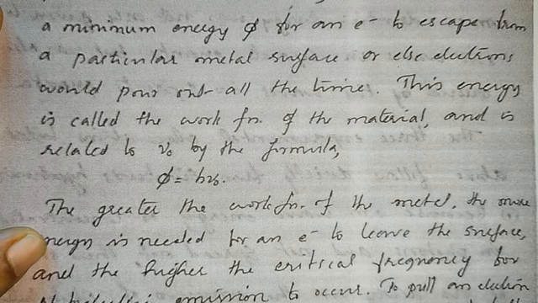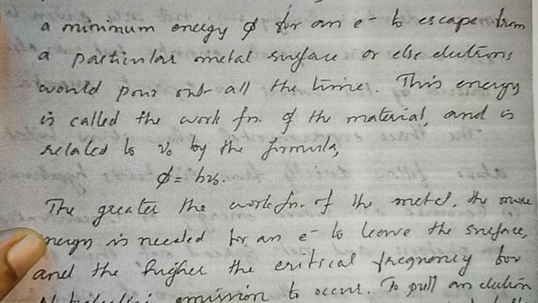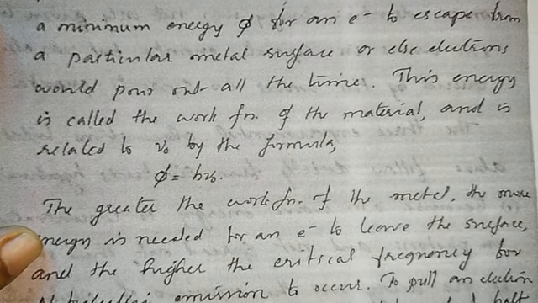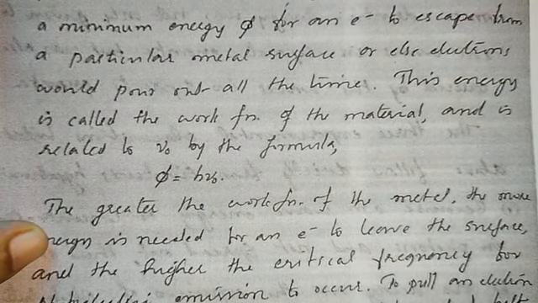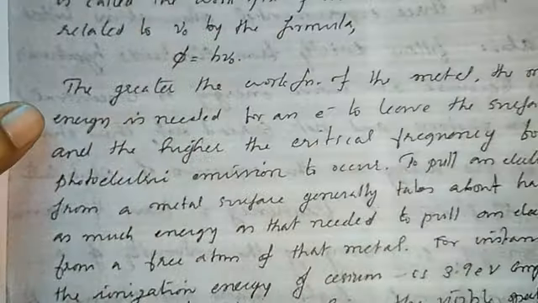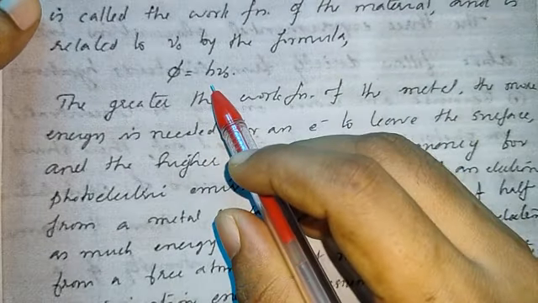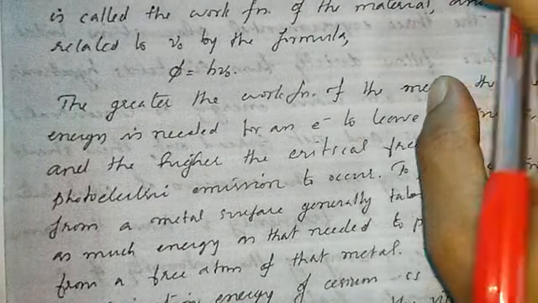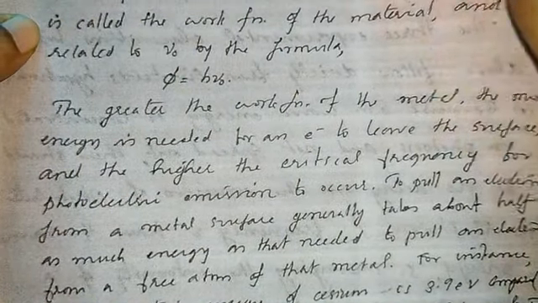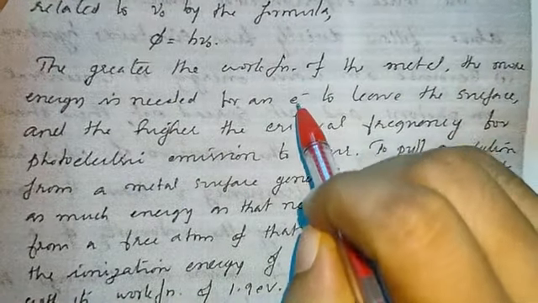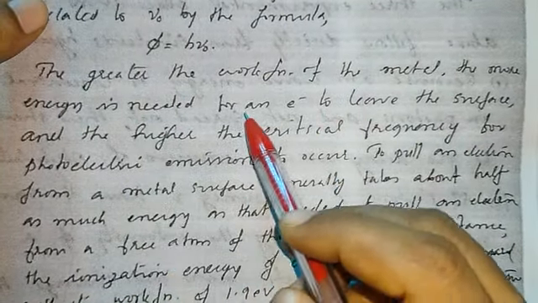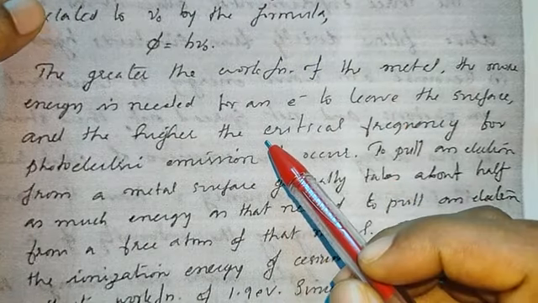This is a characteristic of the metal, and it is known as the work function of the material. It is related to this frequency by the relation phi is equal to h nu zero, where nu zero is the critical frequency. So the greater the work function of the material, the more energy is needed for an electron to leave the surface.